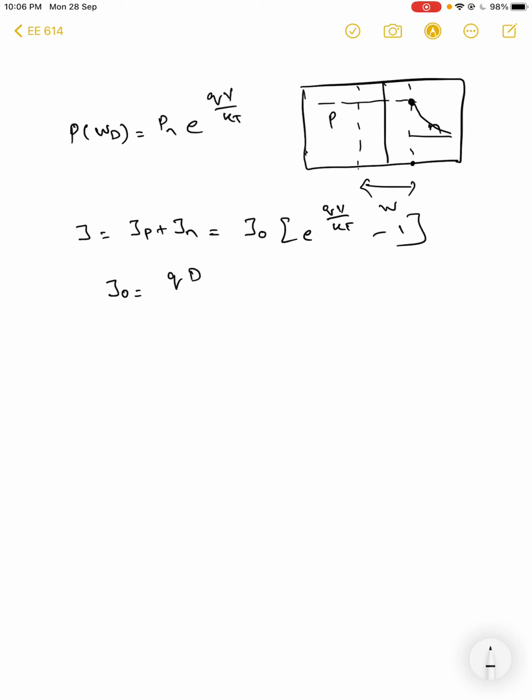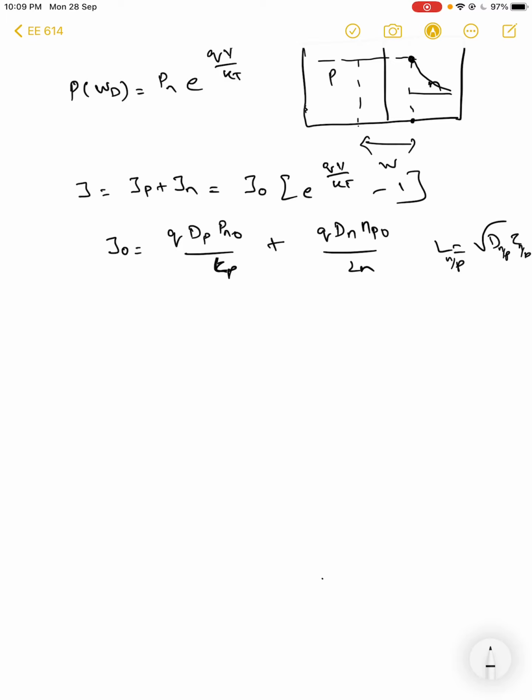It is q Dp pn naught by Lp, plus q Dn np naught by Ln. And we know this L for p or n is root of D tau, for n or p. These are the characteristic length scales.